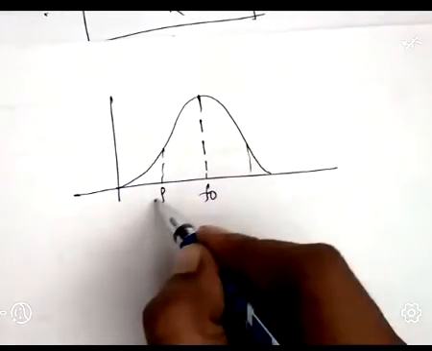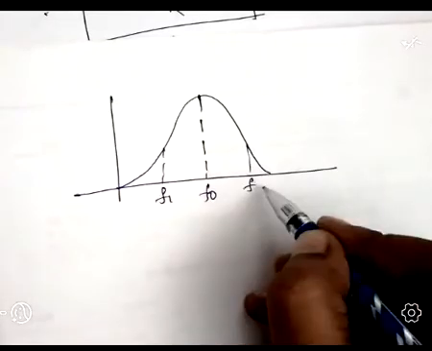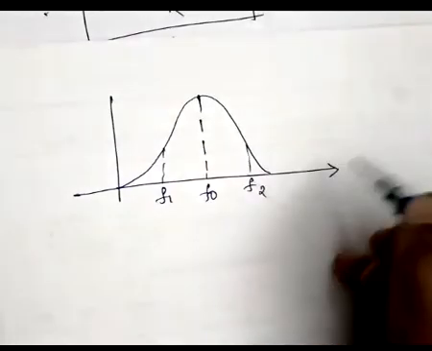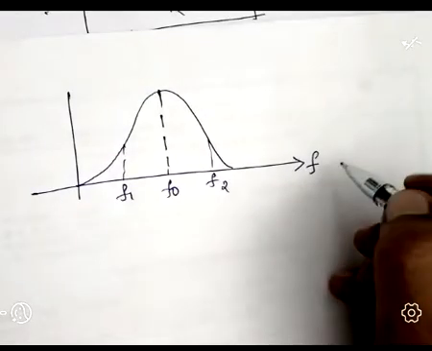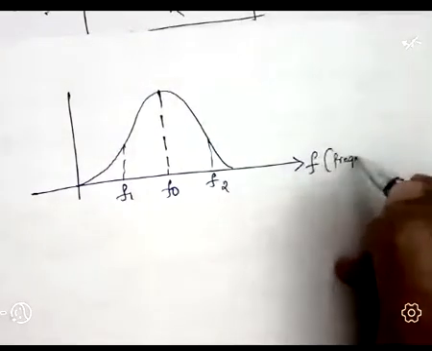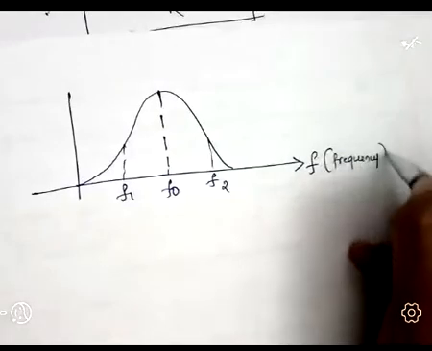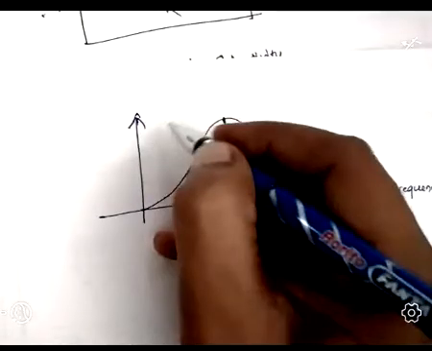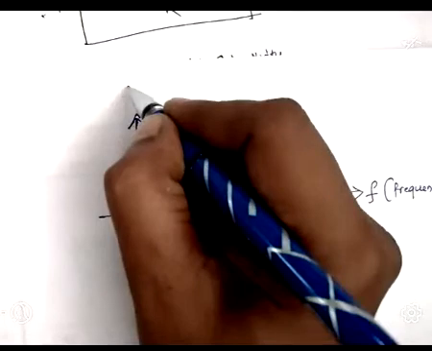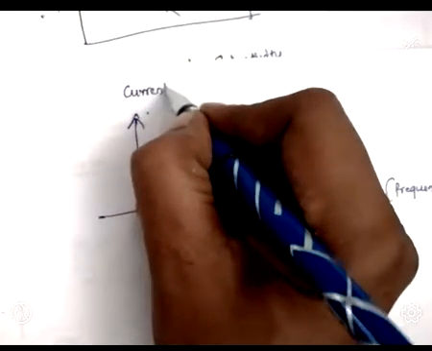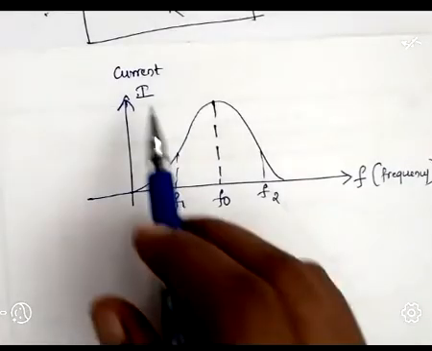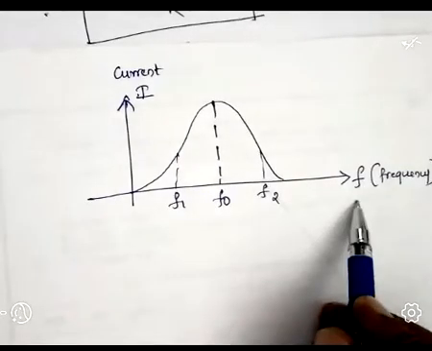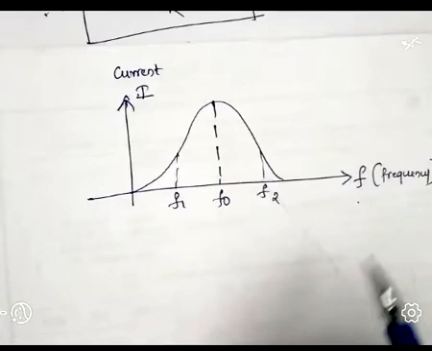This is F1. This is represented as F2. Horizontal axis, X axis, is represented as frequency, and vertical axis, Y axis, is represented as current I. We are plotting the graph for current versus frequency.